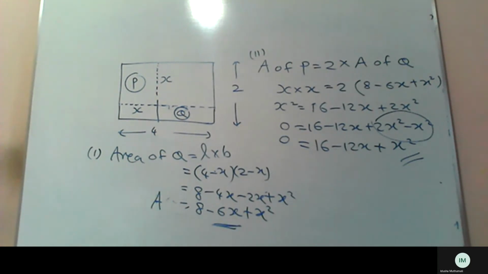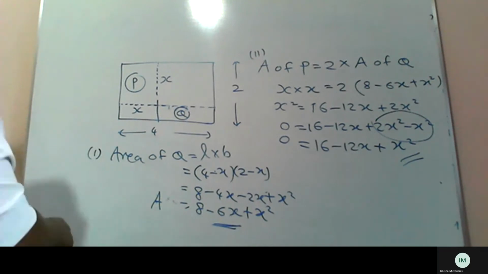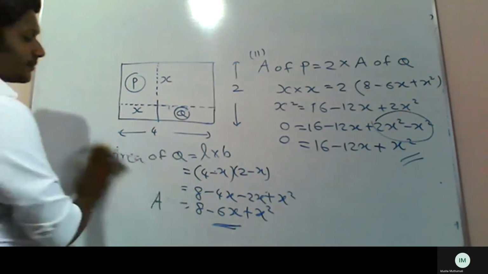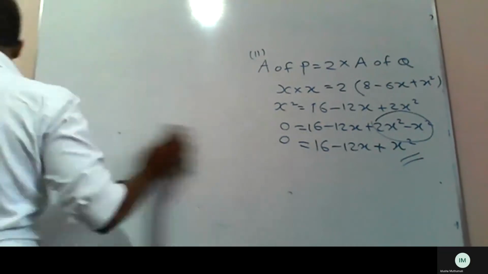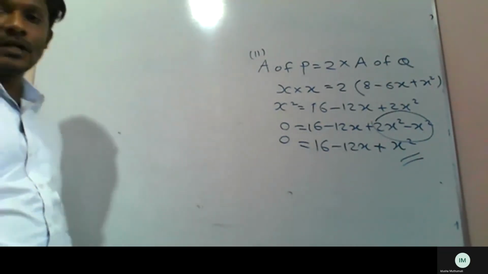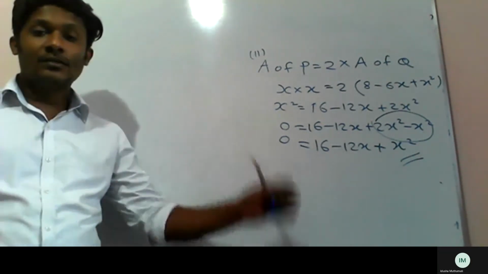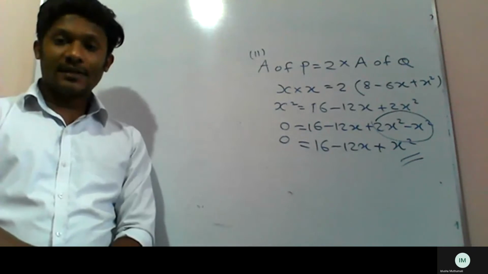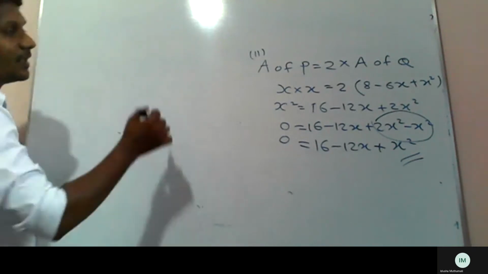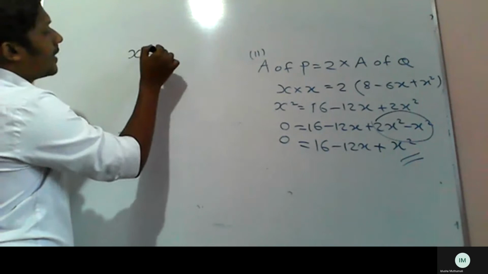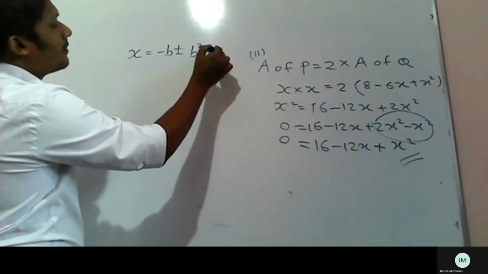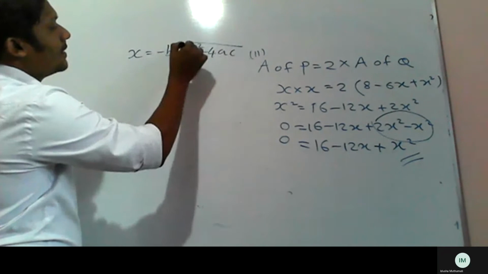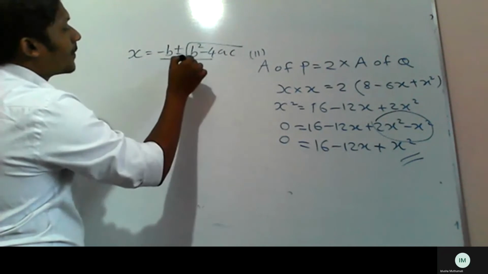Right. Question number 6, part 3. Now you know how to find the answer using the formula method. You know the formula is x equals minus b plus or minus the square root of b squared minus 4ac, over 2a.